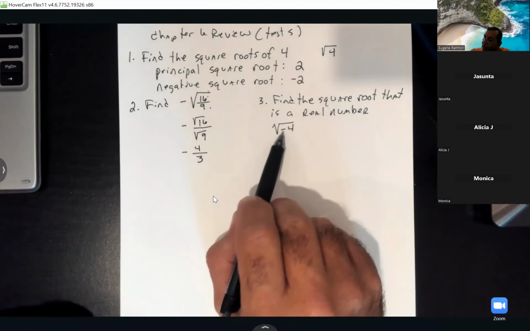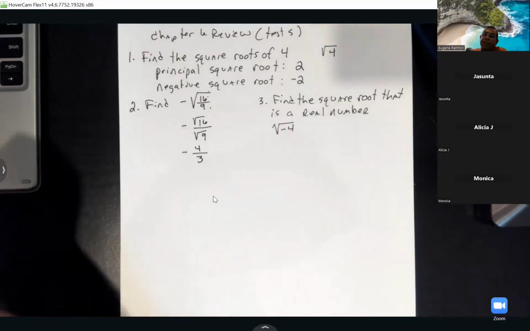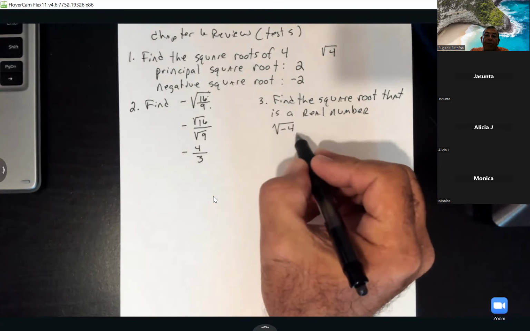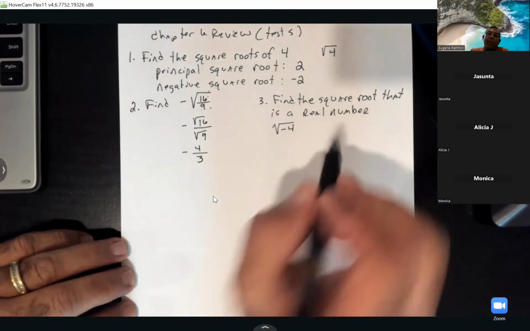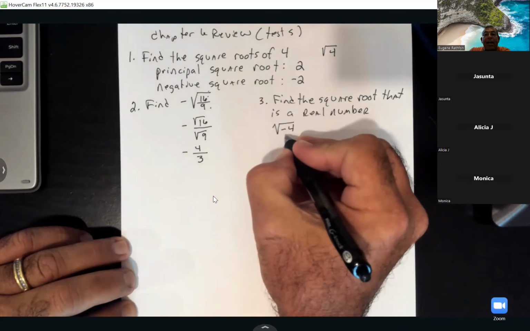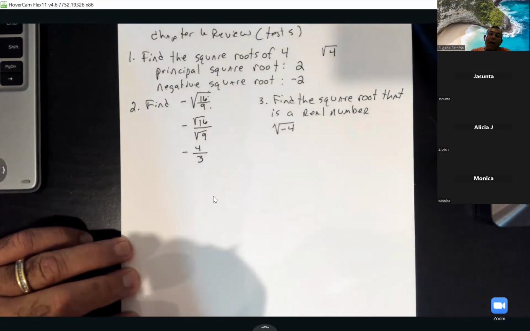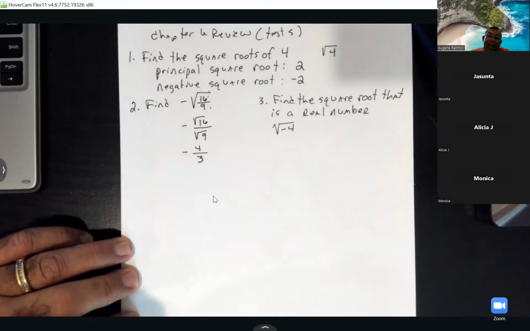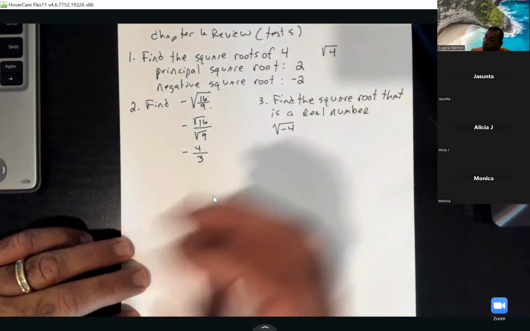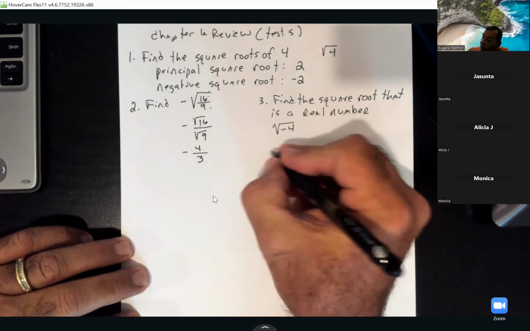If you want to think about this, remember, a square root's looking for a number times itself that equals what this number is under that radical. Remember, like signs are always positive. So since I got a negative number under that radical, there's no way that I can get a real answer out of that. So on this one, we would put the square root is not a real number.